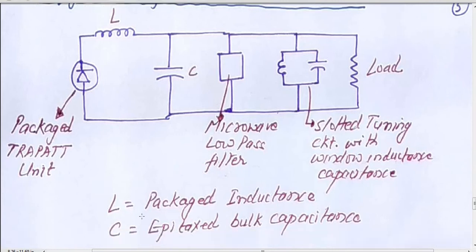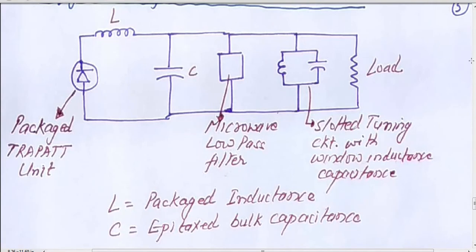Here, L is the package inductance, and C is the epitaxial bulk capacitance. So in this circuit, TRAPATT is a reverse bias diode with a package tuning circuit consisting of this L and C. TRAPATT is mounted at one end of the microwave transmission line. L is the gold wire inductance and C is the bulk capacitance.